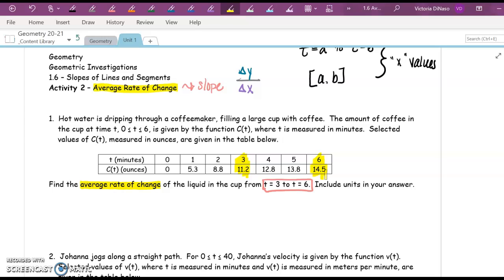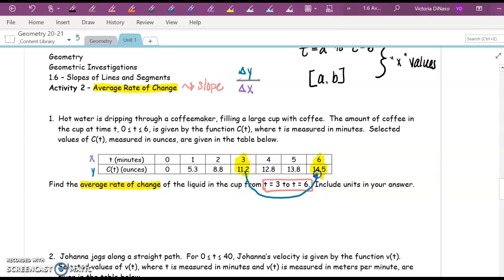So just like when we first learned about this, y is on the top and x is on the bottom. We always do the change in y divided by the change in x. So we're only going to be focusing on the top first. Now, none of the other values in this table matter. We're only focusing on from x equals 3 until x equals 6, or in this case, time from 3 to 6.